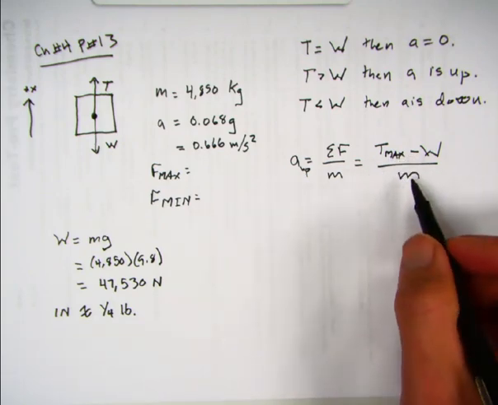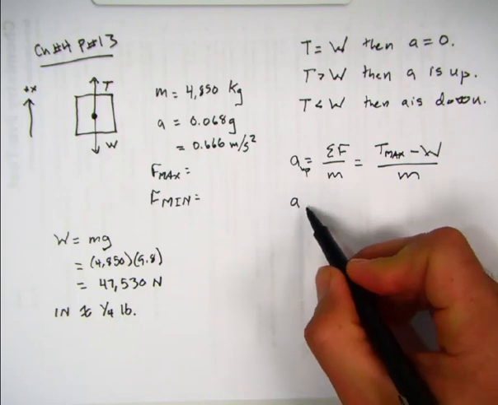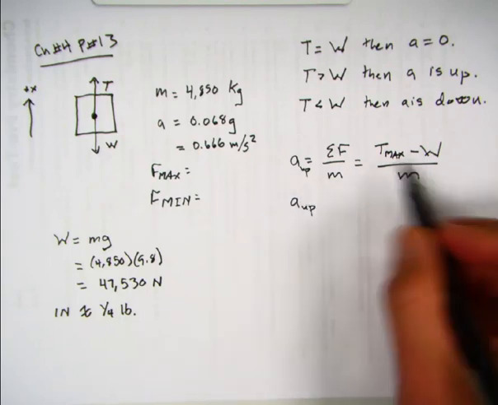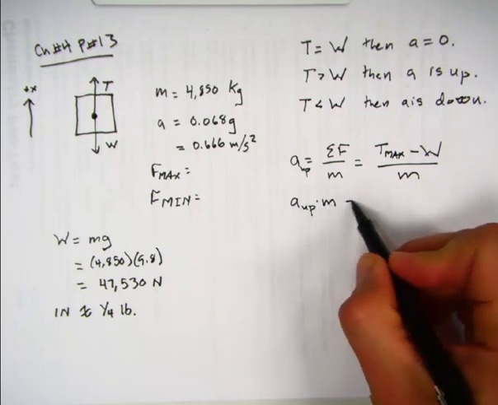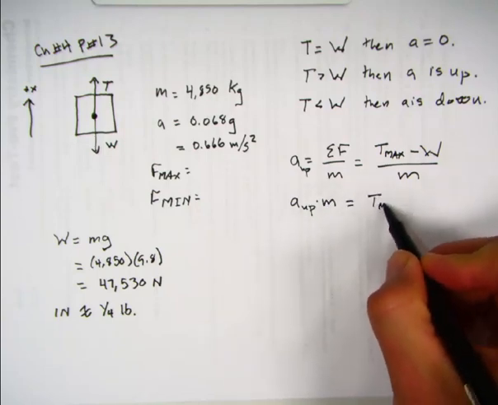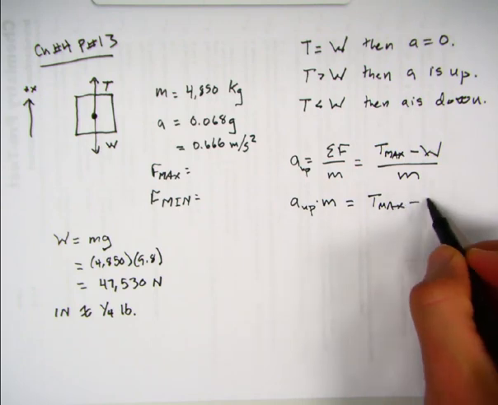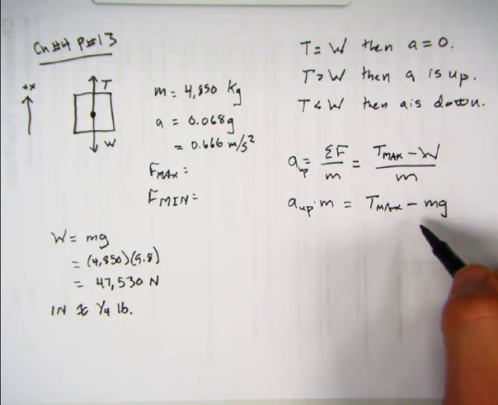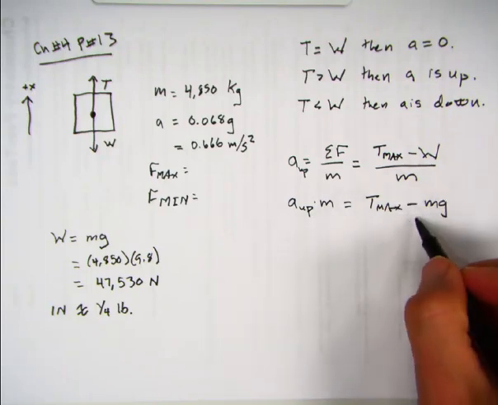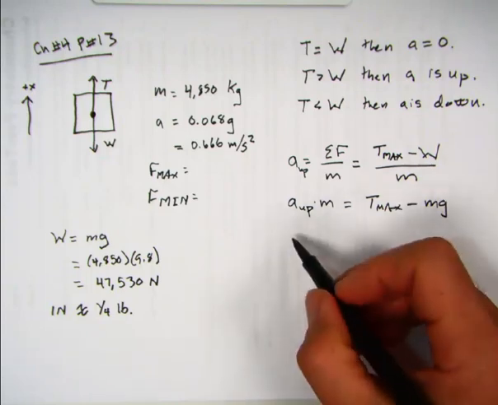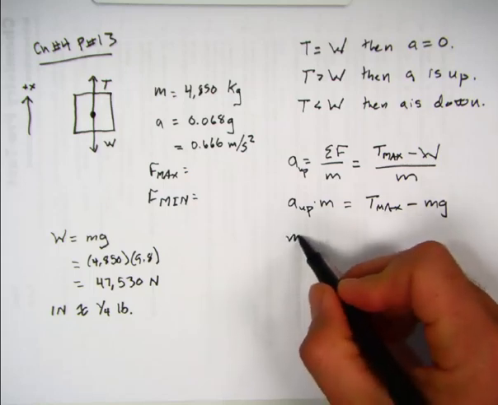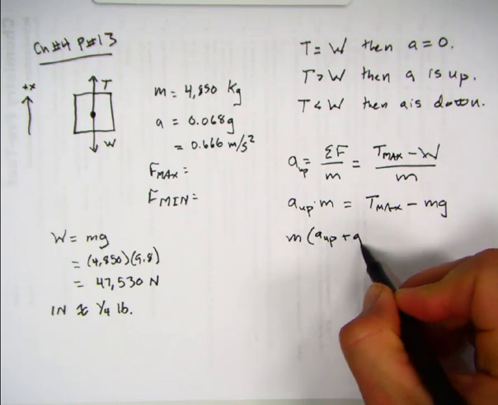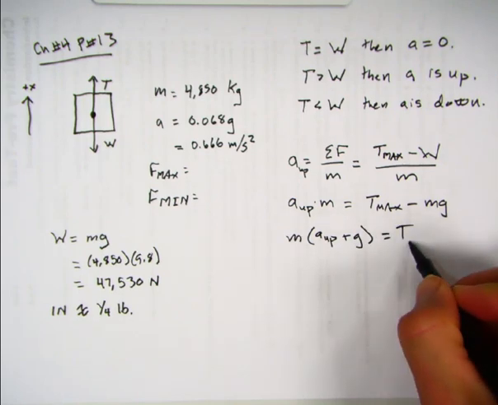So from there, we would just do a little bit of algebra. We would multiply on both sides by m, so m a equals T max minus mg for the weight. Then I'm going to add mg to both sides and do a little factoring, and I'm going to get this.